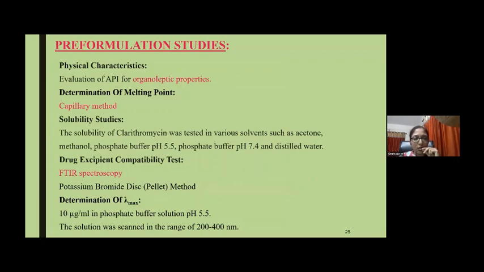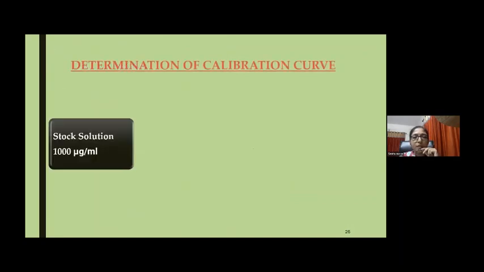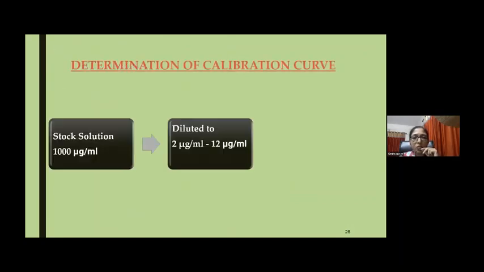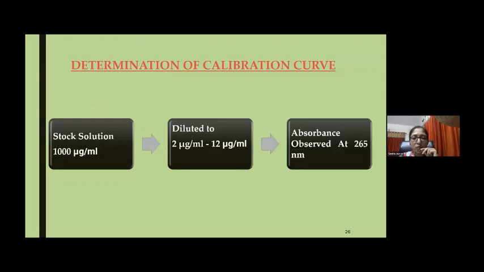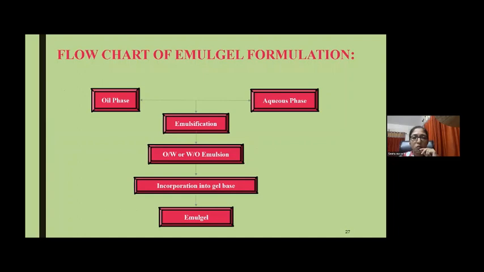The compatibility studies were also carried out. This is a calibration curve which was carried out in phosphate buffer pH 5.5.